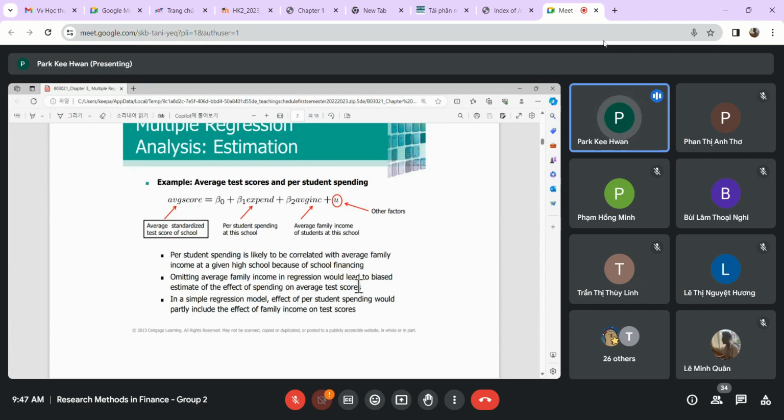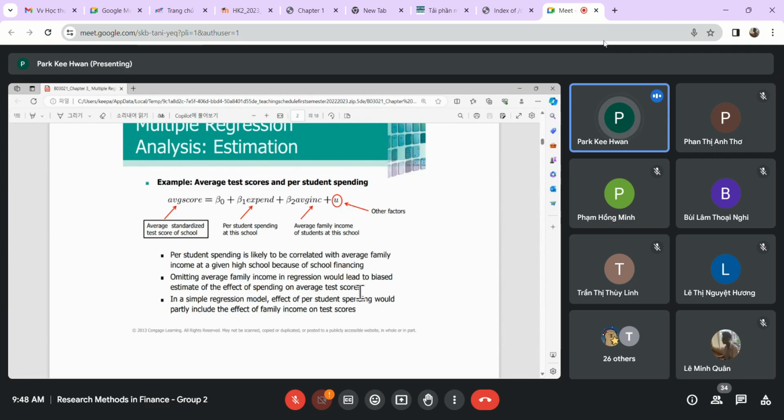So what it means is that you omit the average family income in your regression and you estimate beta one, in other words, the simple regression. Then that estimate will be a biased estimate of the effect of spending on average test score.